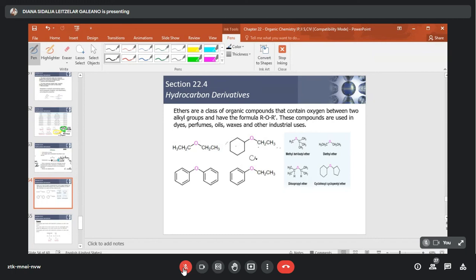This is cyclohexane and this is ethane. Long chain. 6 carbons, so it is cyclohexane. Y este sería, ¿qué? Ethoxy. Ajá.